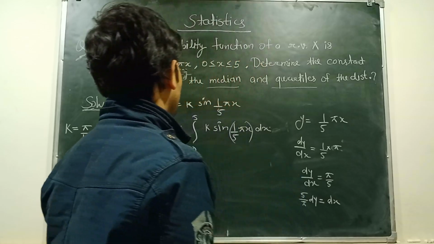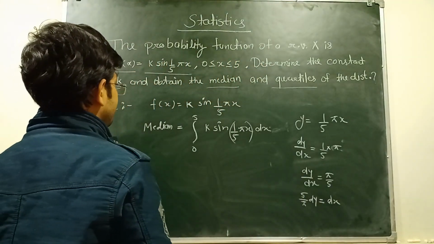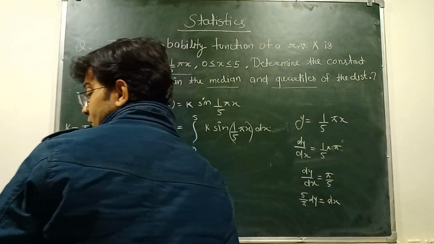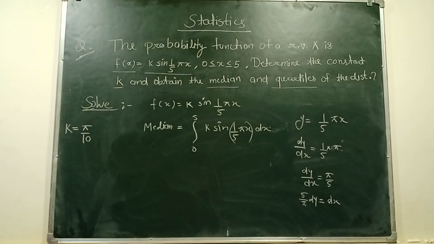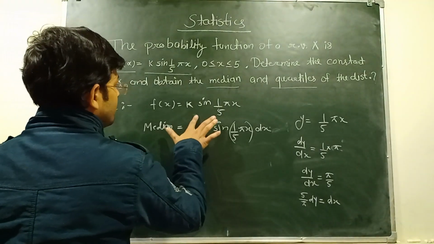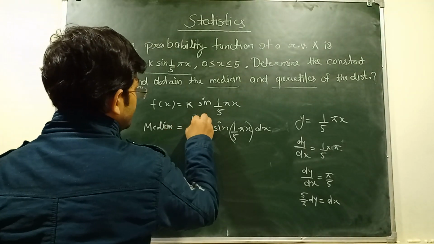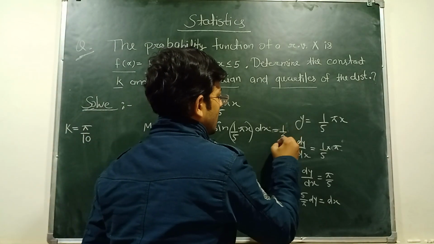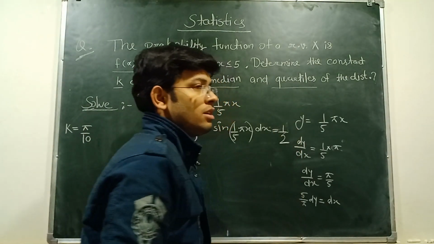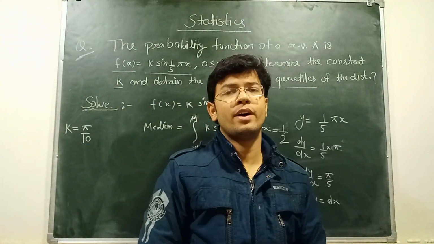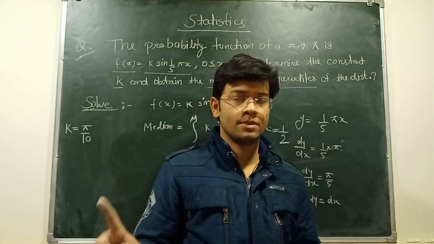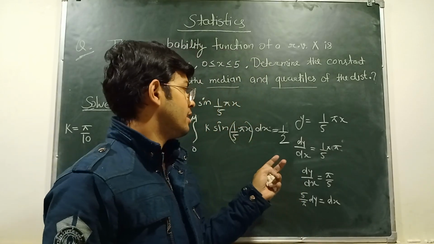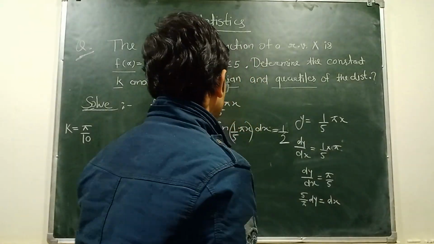So we also change the limits. Because the limits will be in this case 0 to m, because we have to find the median, we put the value equal to 1 by 2.